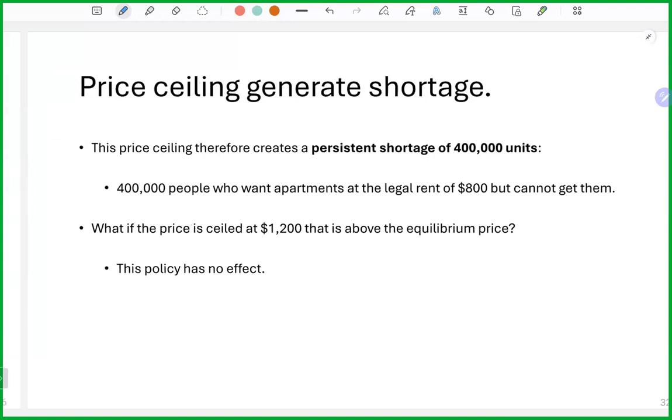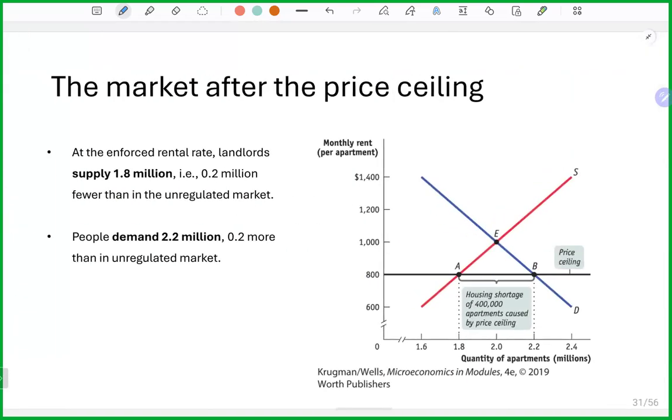My next question is, the government is now imposing a price ceiling at $1,200.